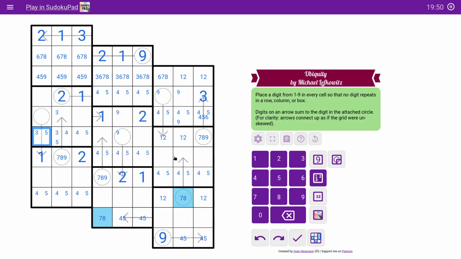If this is a 3, then this is a 4. So we have 3, we have 4, we have 5. Could be 6. That works. Could this be higher than 5? Could be 5, 6, 7, or 8. Yeah.